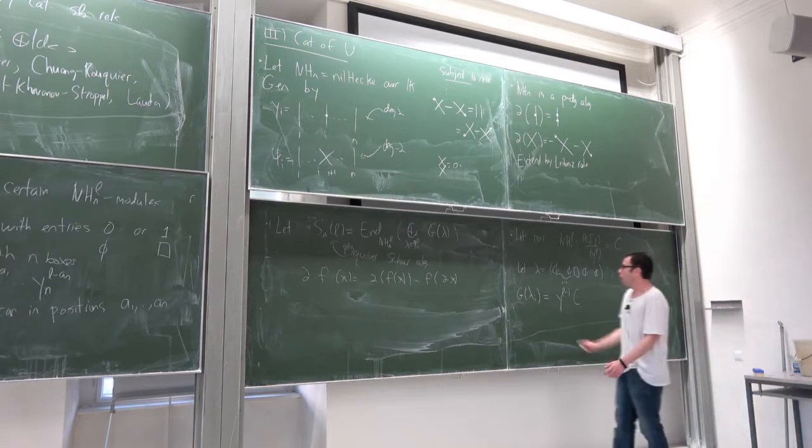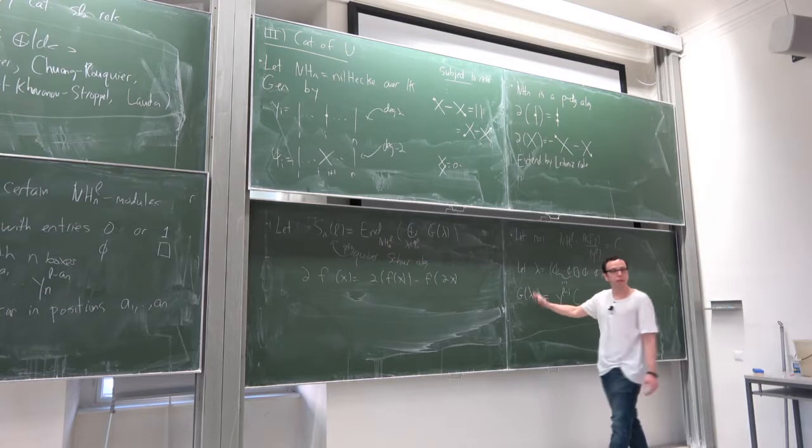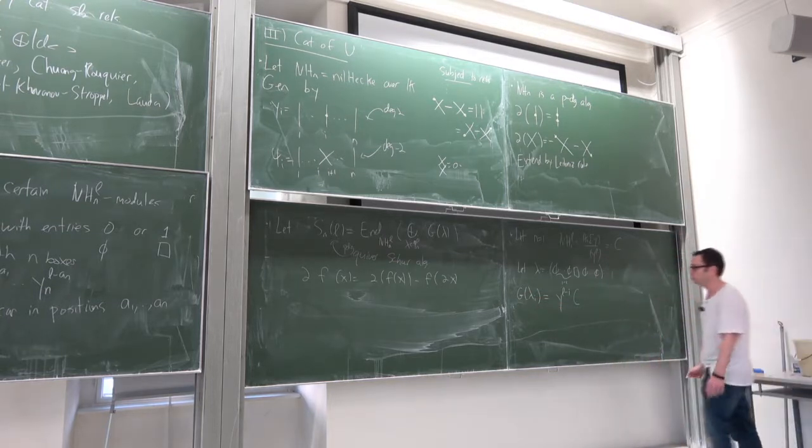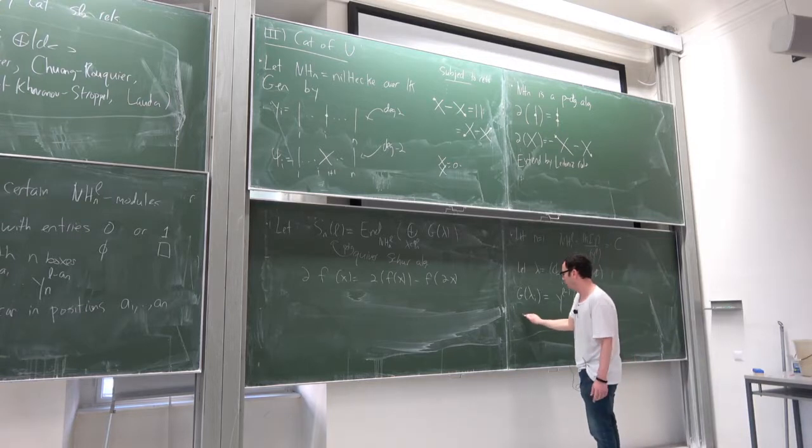Okay, and so there are various maps between these G lambda I's, which is what we need to define this quiver Schur algebra. So I'll just discuss a couple of important maps.